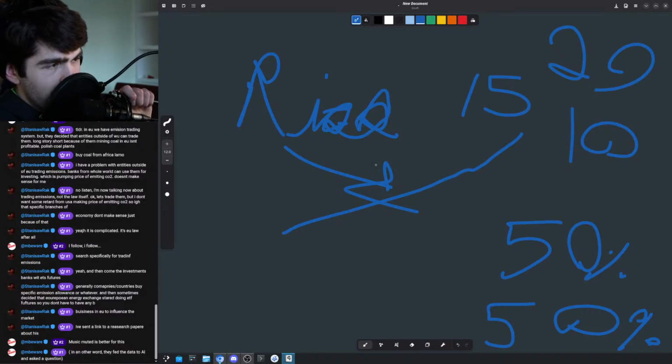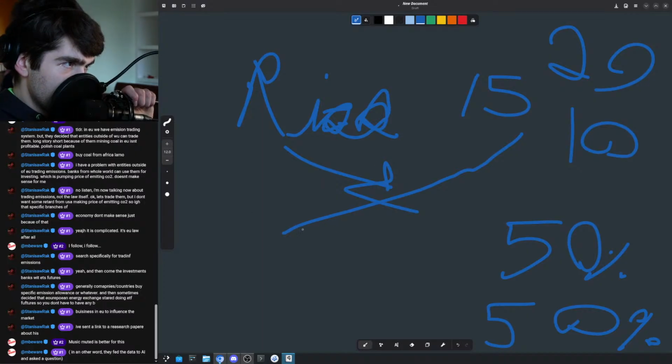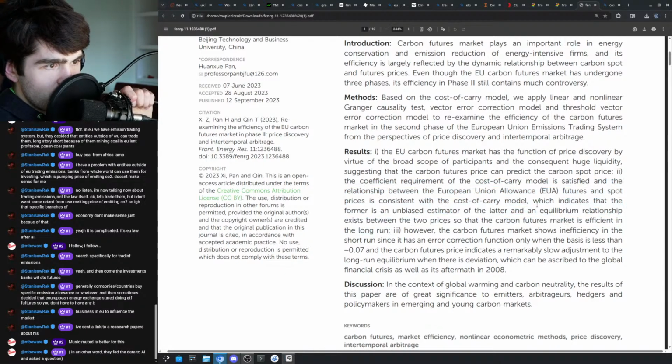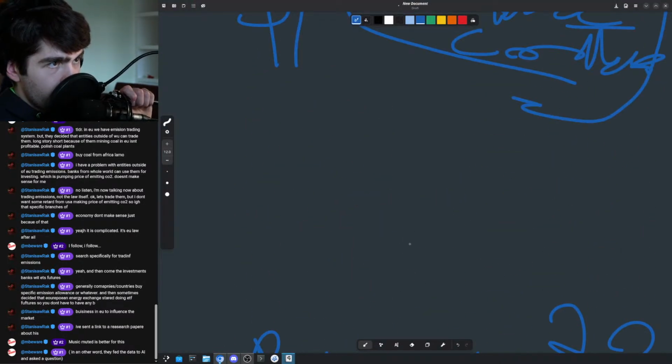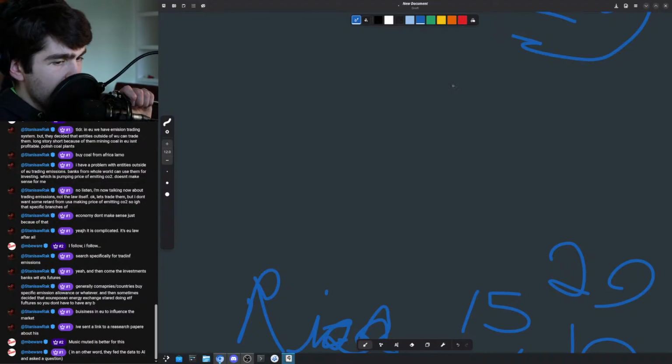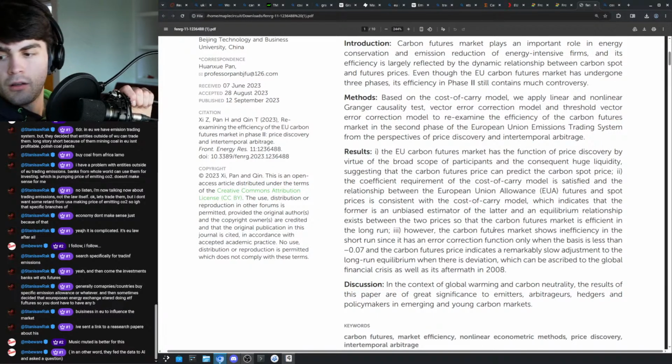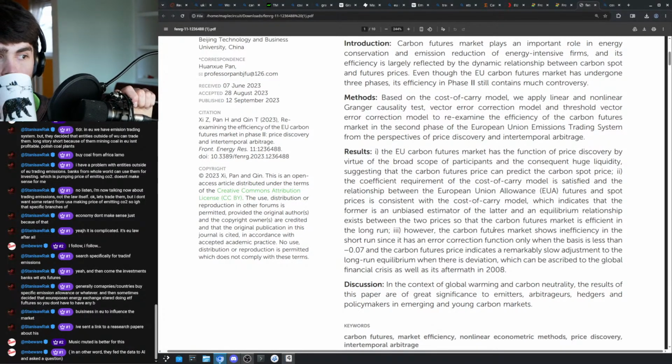That's what I mean. So what they're saying is risk adjusted, this tracks the actual price of the thing. The people on the futures market, they're not making things up. They're truly trying to target wherever the spot market will be. Okay.